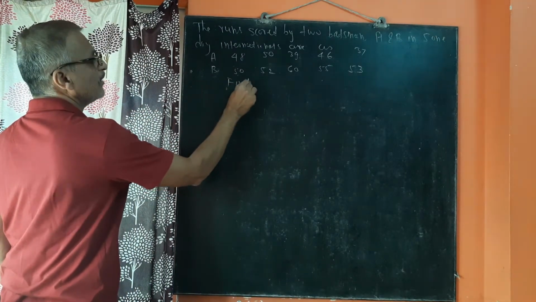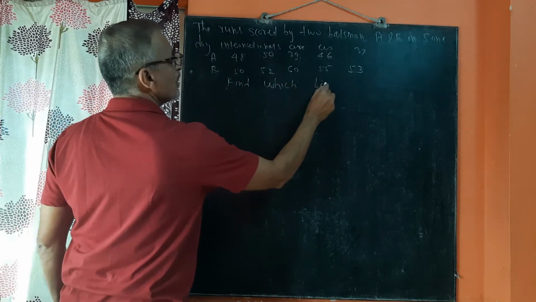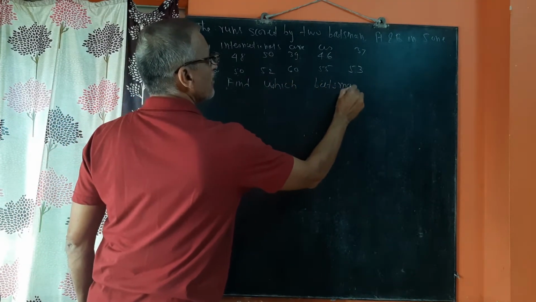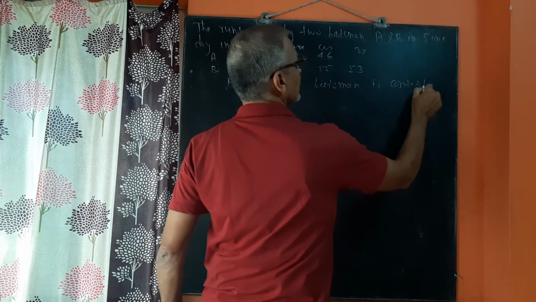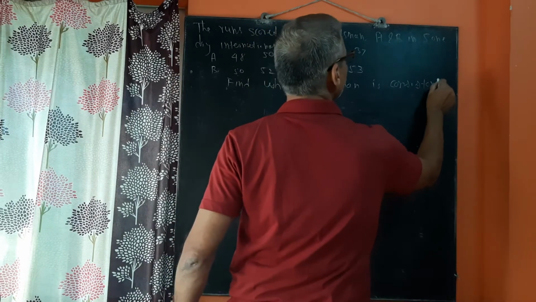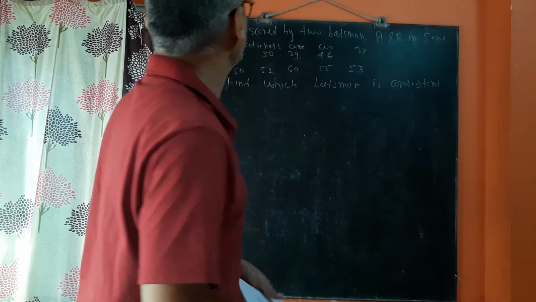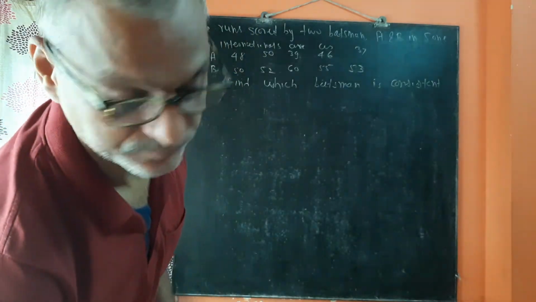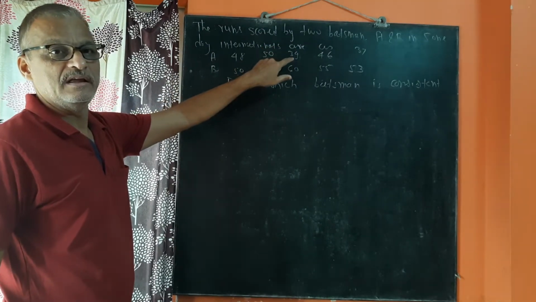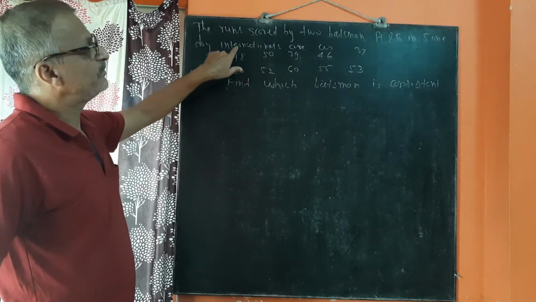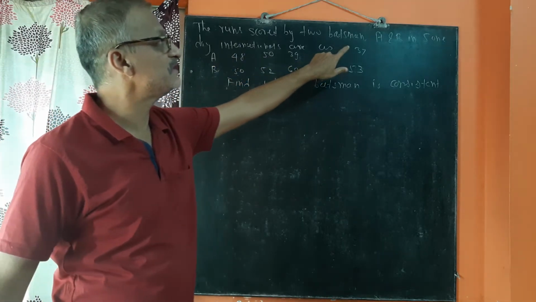See here. There are two batsmen A and B, and the runs of their 5 one-day internationals are given: 48, 50, 39, 46, 37.